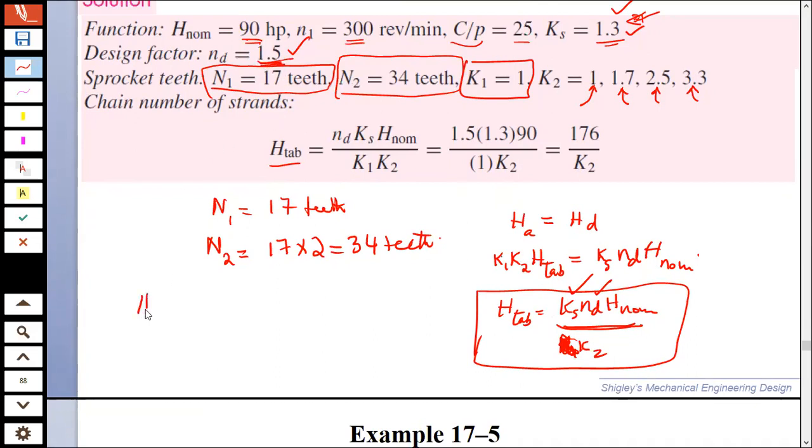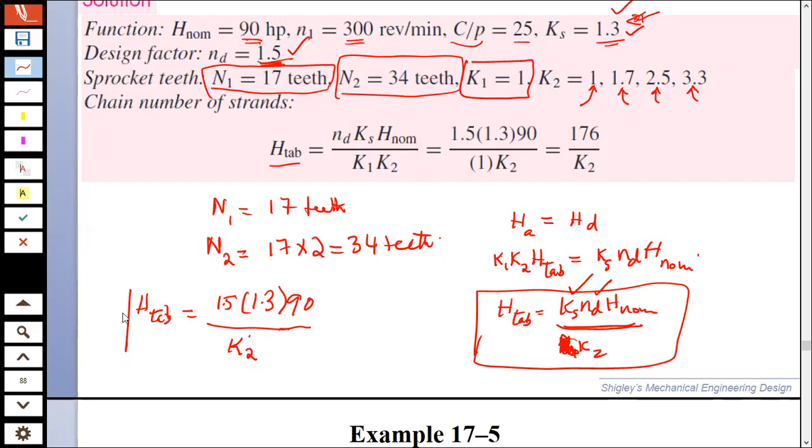So H tab is equal to 1.5 times Ks, which is 1.3, divided by K2, and the horsepower that I want to transmit is 90 H nominal.